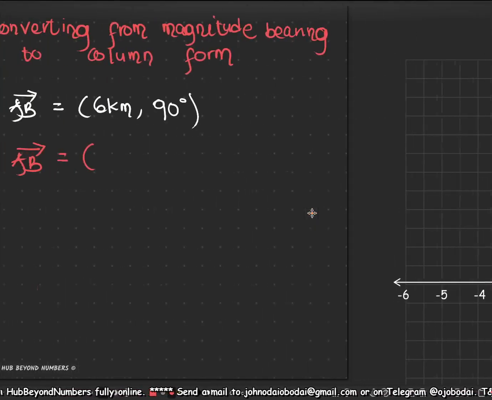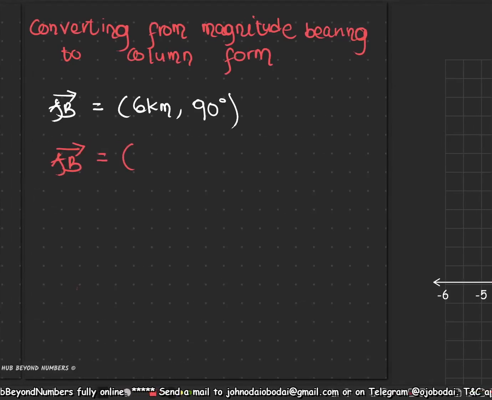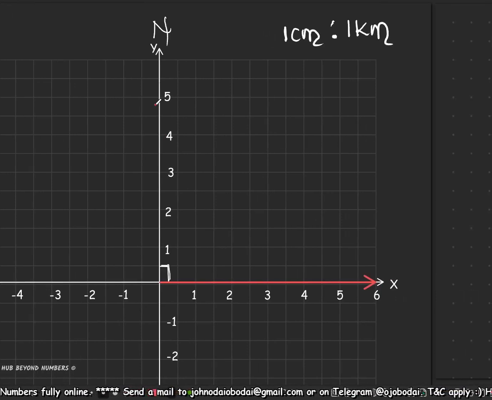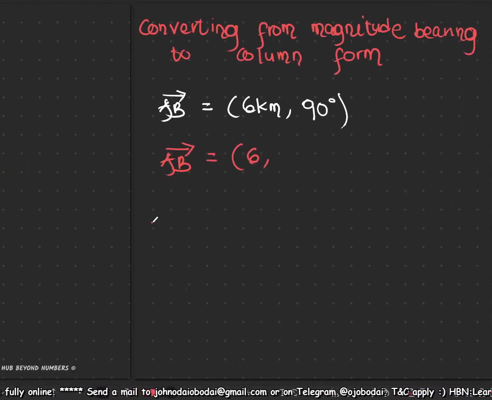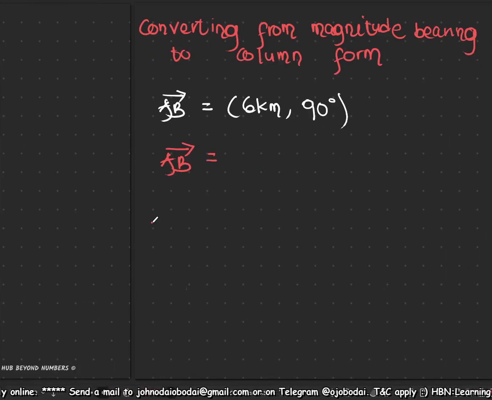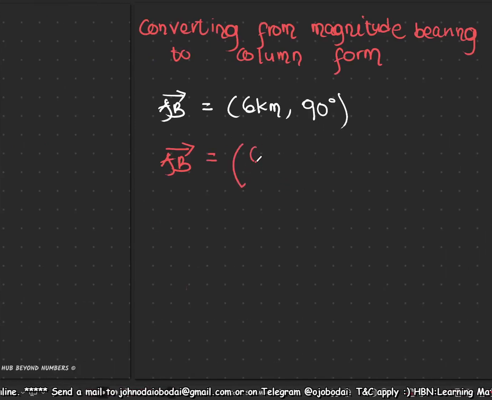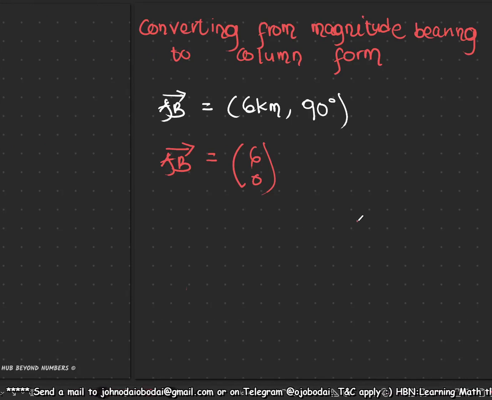And on the y-axis, it actually has nothing. That is, we have (6, 0). This here is our representation in the column form.